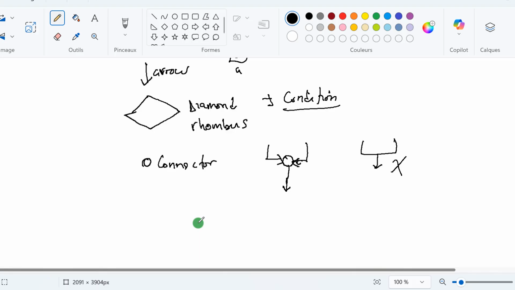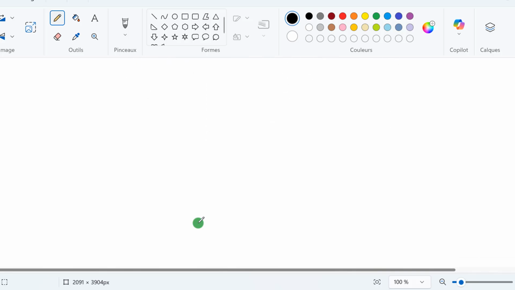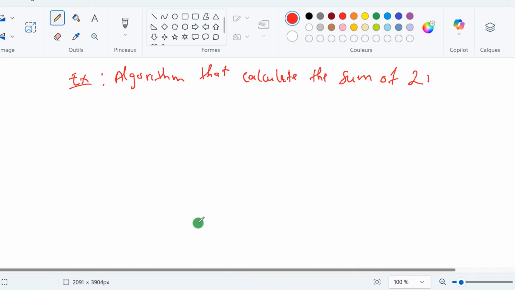Nice. So we have studied all the different symbols. Now let us take an example to consolidate all what we have studied. Example: algorithm that calculates the sum of two numbers and displays the result.